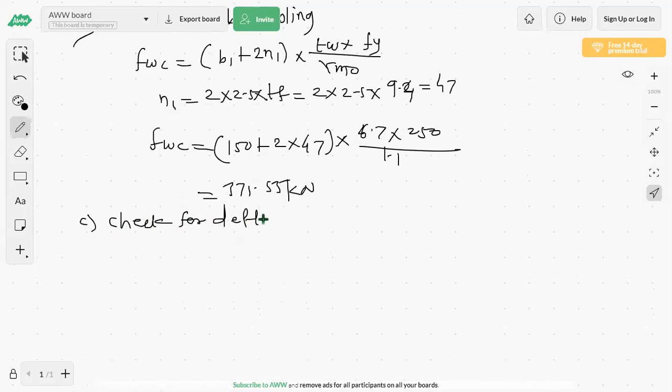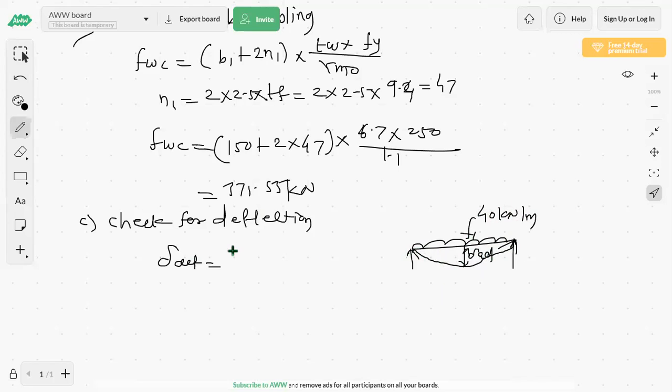And last, the check for deflection. It means we have to calculate delta actual. If the UDL is given, then we have to calculate delta actual here. Before that, we have to note the load given in the problem statement, that is the service load of 40 kilonewton per meter.